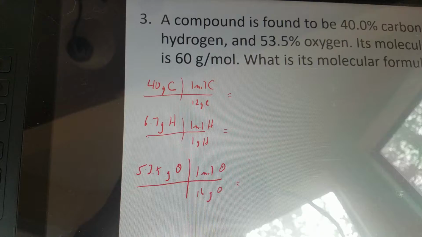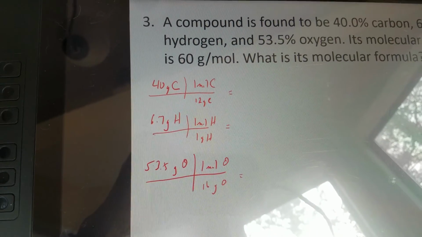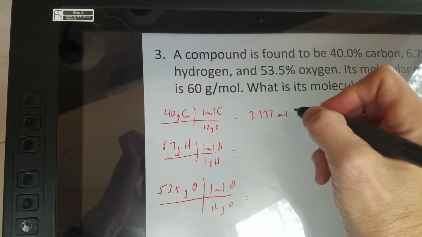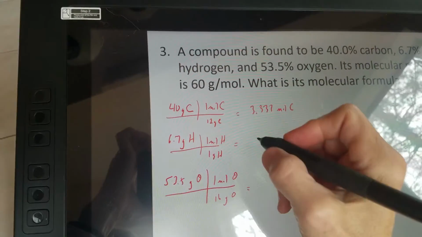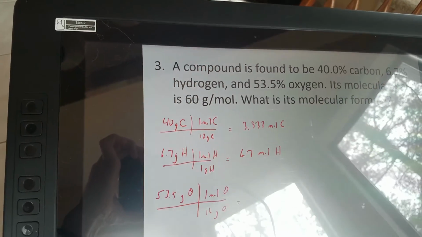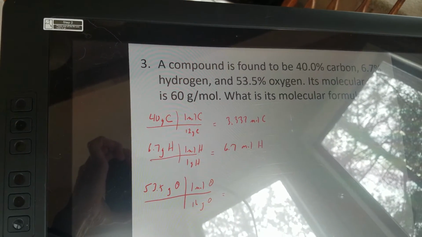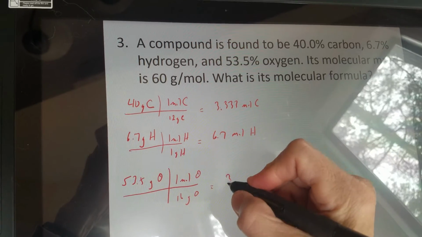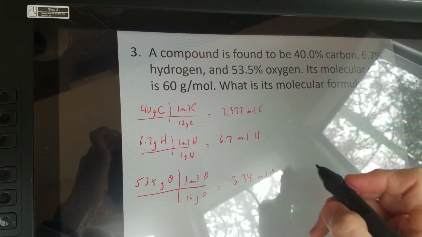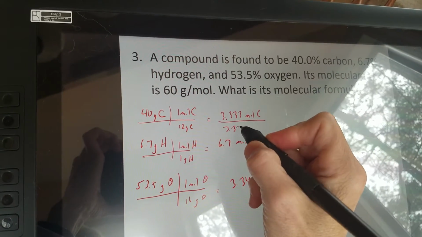So now we put everything in the calculator. So 40 divided by 12 is going to give me 3.33 moles of carbon, 6.7 moles of hydrogen, 53.5 divided by 16, 3.34 moles of oxygen.